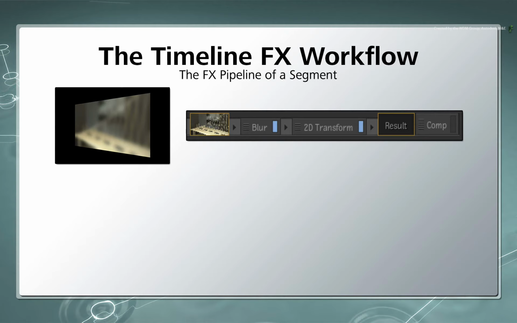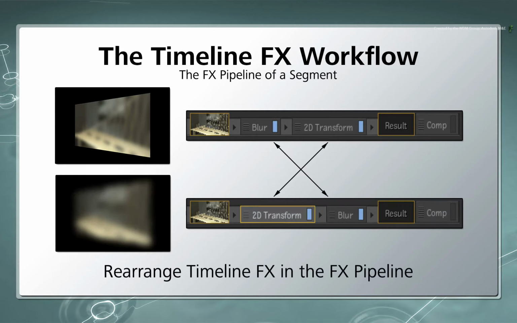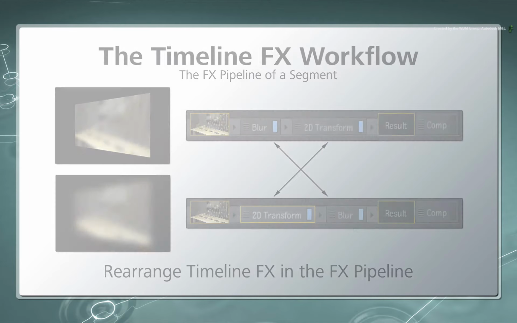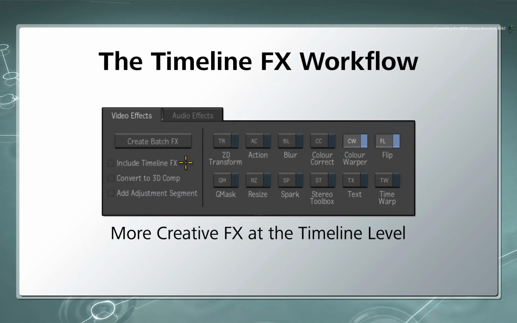The FX pipeline of the timeline is no longer locked, so you can rearrange your timeline effects in any order you choose, which was not possible in previous versions of Flame Premium and Smoke Advanced. Secondly, more creative tools have been made available at the timeline level without having to go into BFX or batch to perform simple tasks.